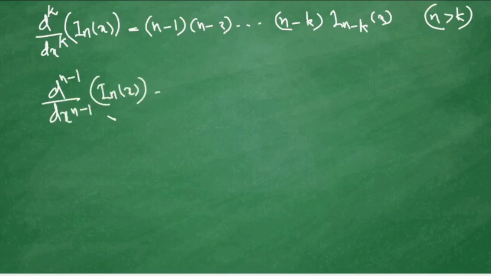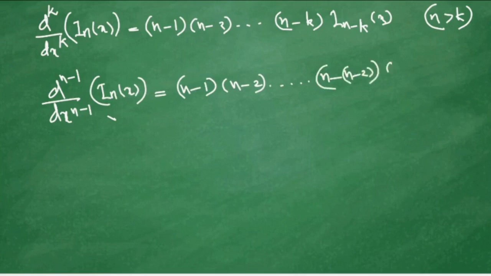So the n minus 1 derivative will be n minus 1 into n minus 2 into etc. into 2 into 1 into I n minus of n minus 1 of x.